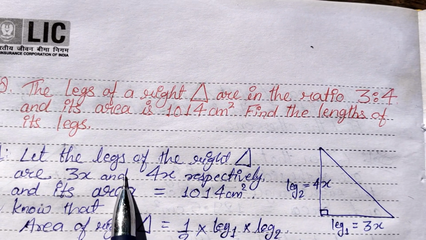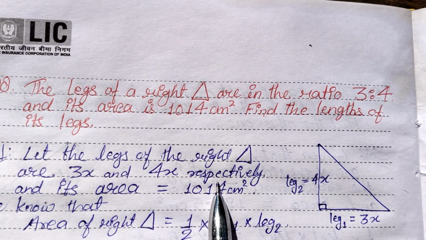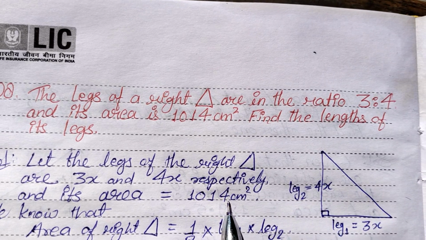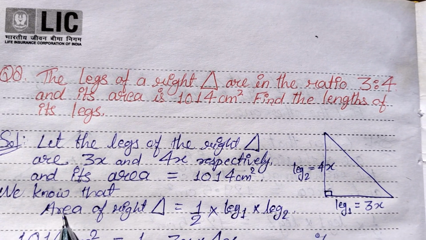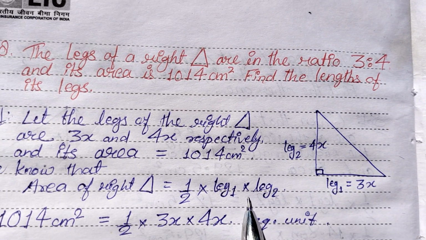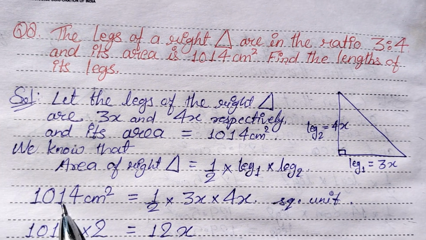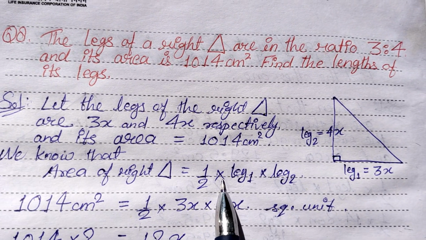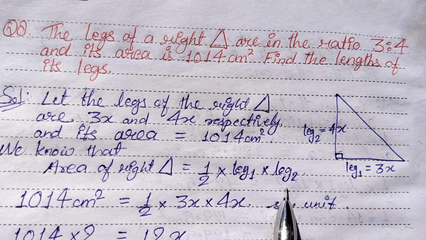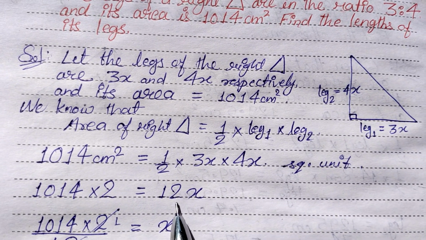Now let the legs of the right triangle be 3x and 4x respectively, and its area is 1014 centimeter square, and we also know that area of right triangle is equal to 1 by 2 into leg 1 into leg 2. Here we have area, so put the value of area 1014 centimeter square, and the formula of the area, that is 1 by 2 into leg 1 into leg 2. Put the value of leg 1 and leg 2 here. Here we have 3x and 4x. Now calculating this, we have 3 into 4 is 12x.